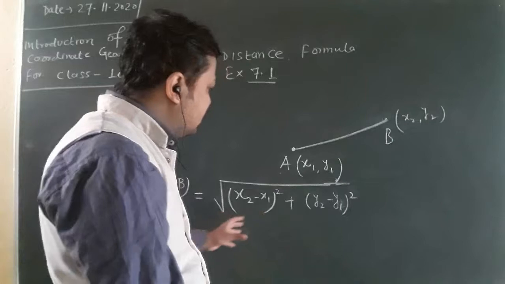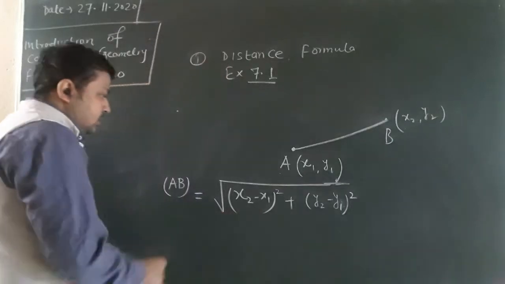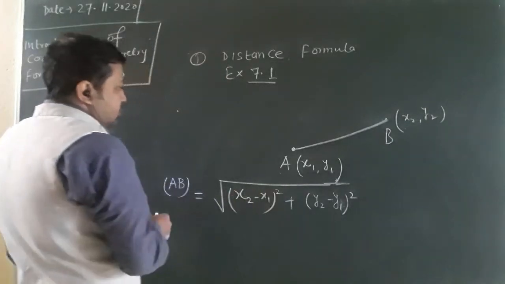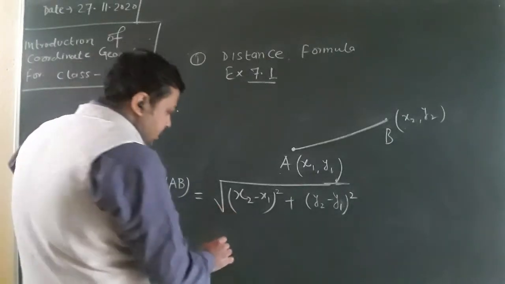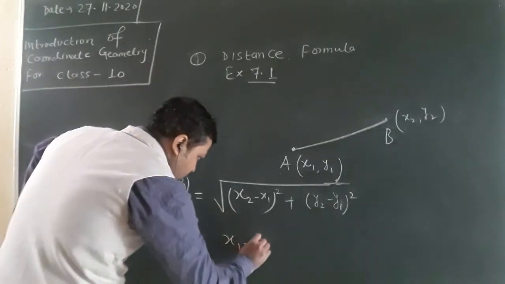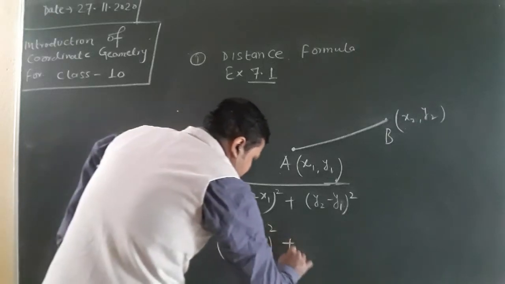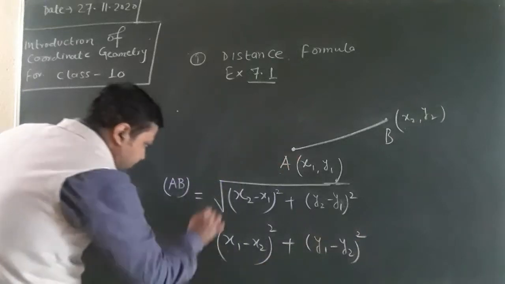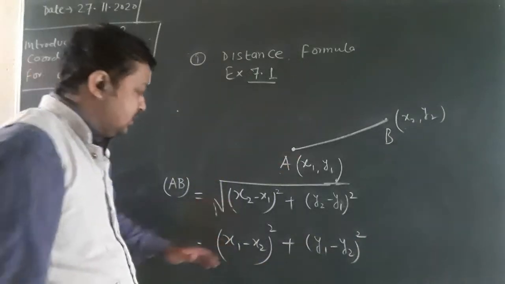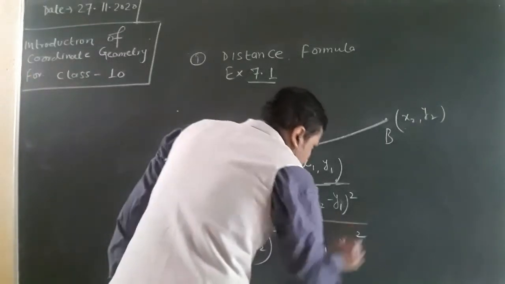But you can change the formula because the whole square is given. As per the result, you can write (x1 minus x2) whole square plus (y1 minus y2) whole square, because in terms of the result, both are the same.